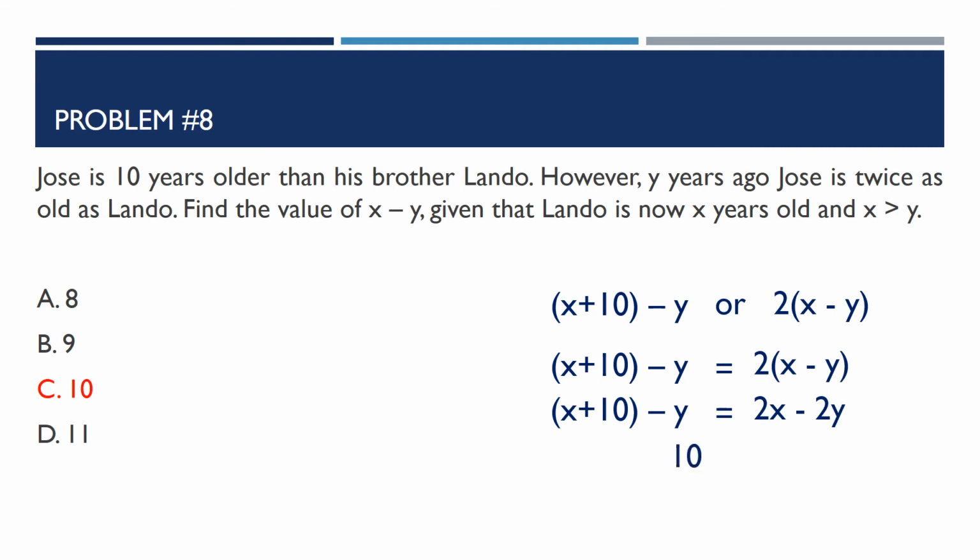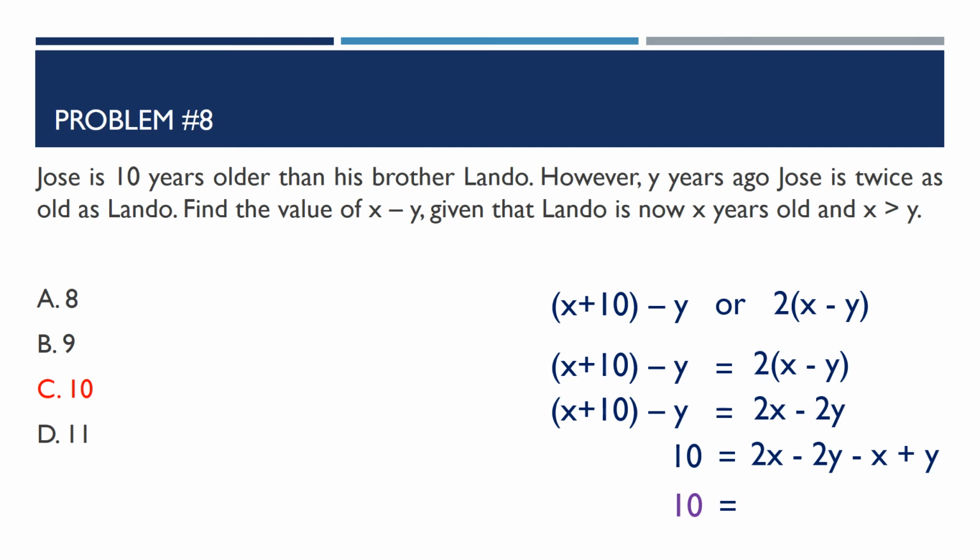And then we can transpose the x and negative y from the left to the right, so that the 10 will be left at the left, and the x and y will be combined at the right side. So this is how it looks. The x becomes negative x at the right side, and the negative y from the left becomes positive y. The 2x minus 2y is just copied, and then we copy the 10 and the equals, and combine x with x and y with y.